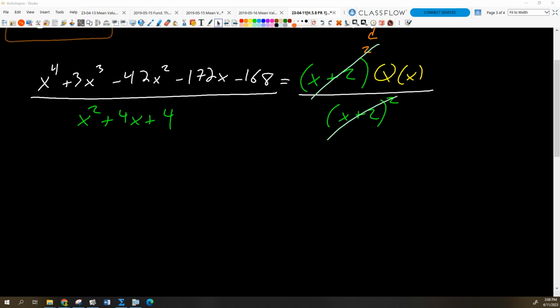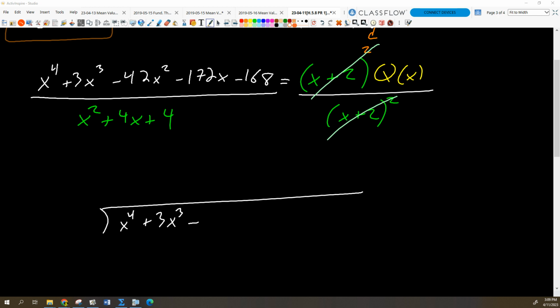What you're all dying to do, I'm sure, is do a long division problem, right? Okay, so numerator goes inside. What goes out front?